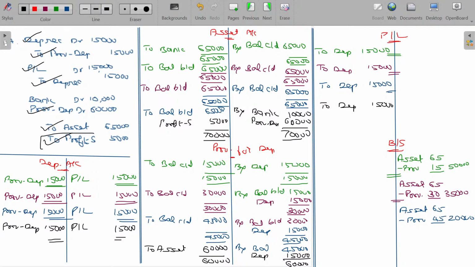In case of profit on sale, this will go to the credit side, so in P&L account. So profit on sale, this value being 5,000. What about in balance sheet? Asset value also nil, provision for depreciation also nil. Clear? So the final year we close the assets completely.